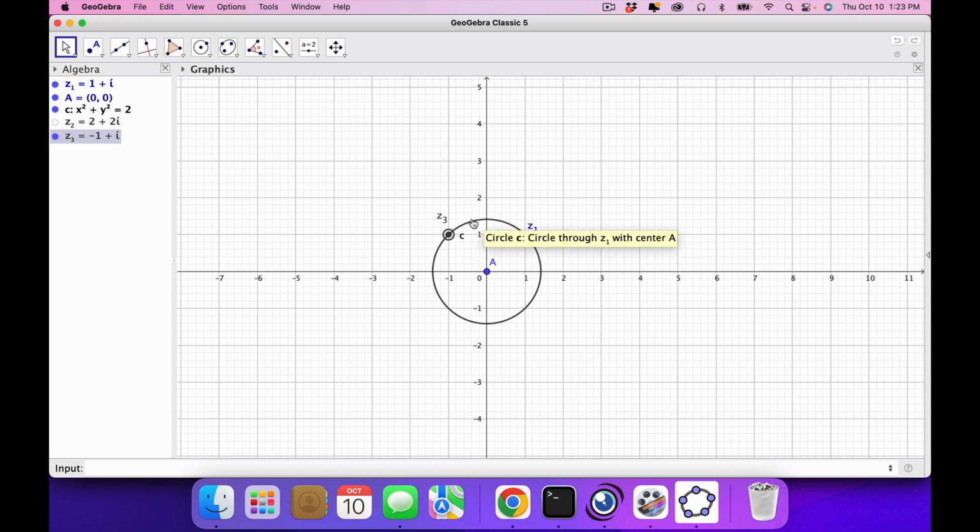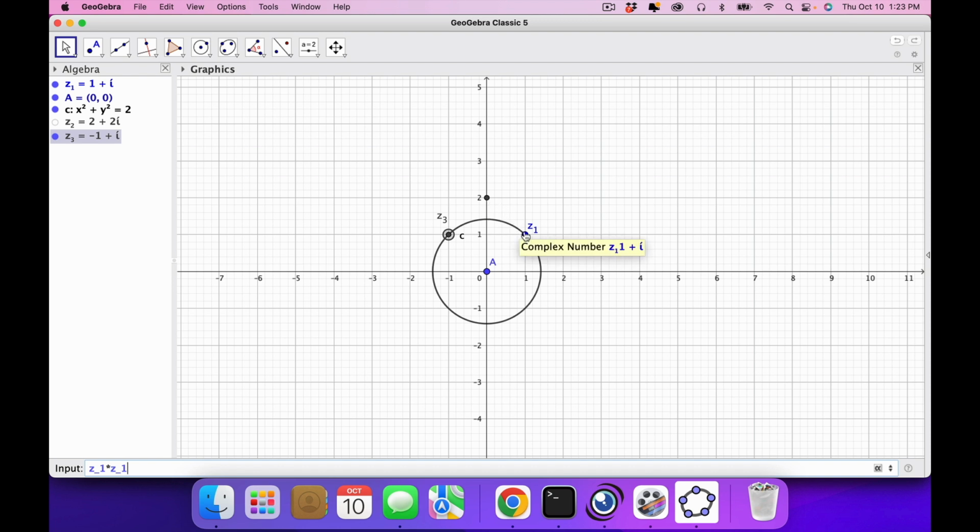It just rotated it in the complex plane by 90 degrees. Now, if we take z1 and multiply it by z1, let's try this, z1 times z1. The polar representation of this number is square root of 2 at 45 degrees. So 45 plus 45 is 90. You're going to land right over here.